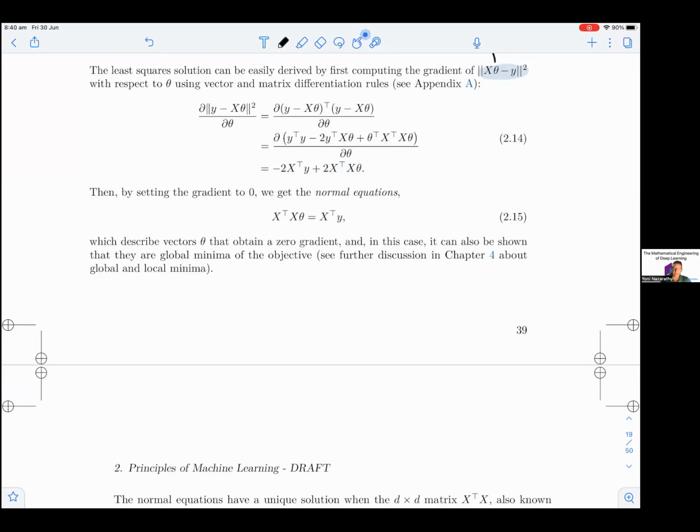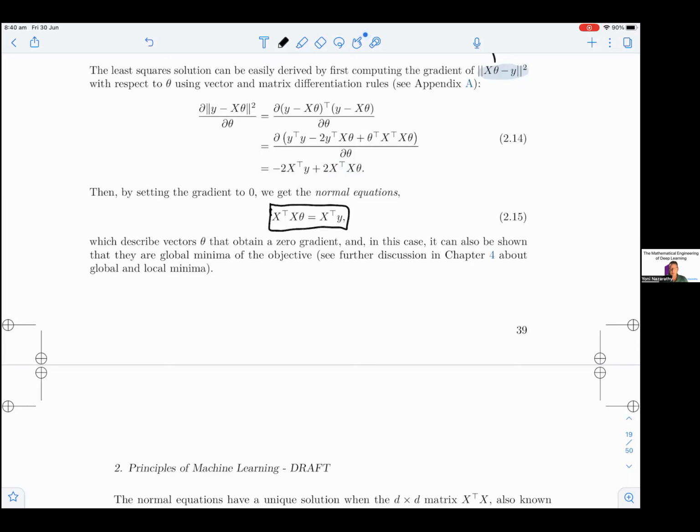So the Hessian of this function would be positive definite, and then you're going to have a global minimum at a solution of these equations.